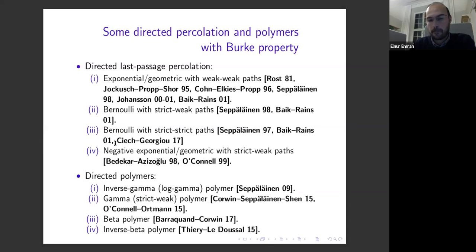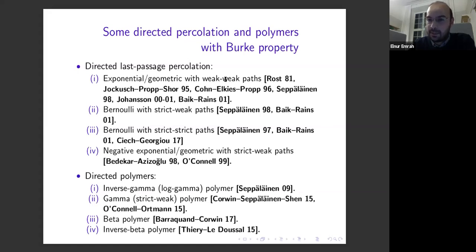Sorry, what's the difference between this weak path and the strict path? What does that mean? Yes, thank you. Weak here means that each coordinate of the up-right path forms a non-decreasing sequence.